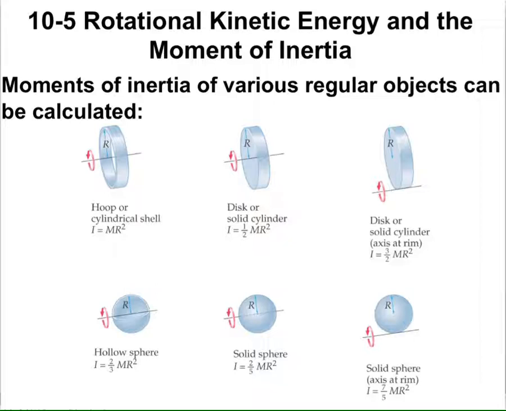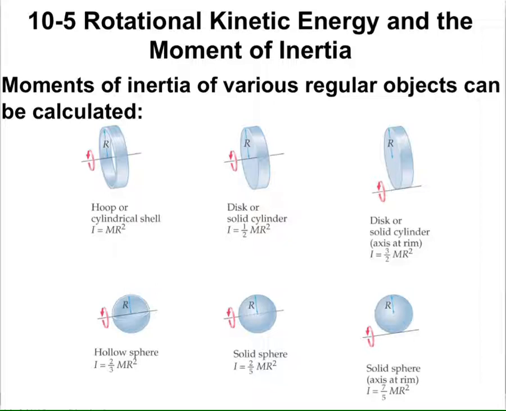Every point of the rotating object will have the same angular velocity, right? Because wherever the point is, whatever its distance to the axis, it will have the same omega. So you don't worry about which piece has what omega. The only different thing is its moment of inertia.